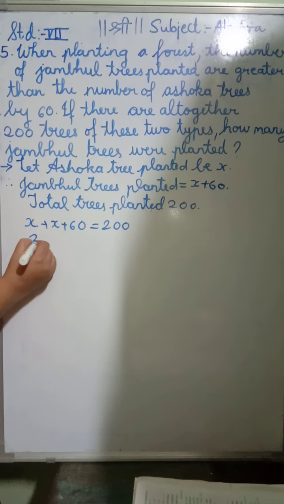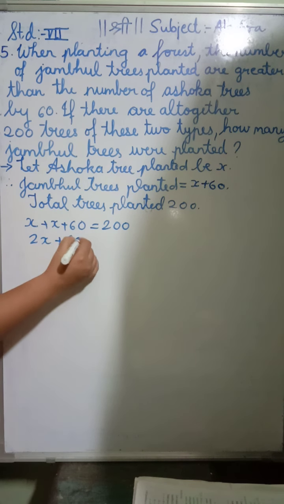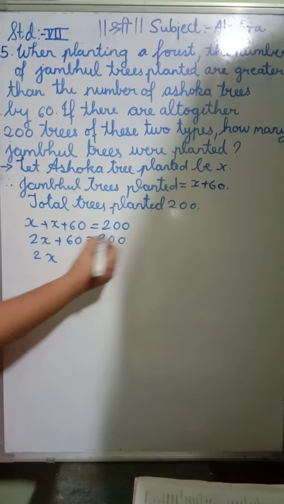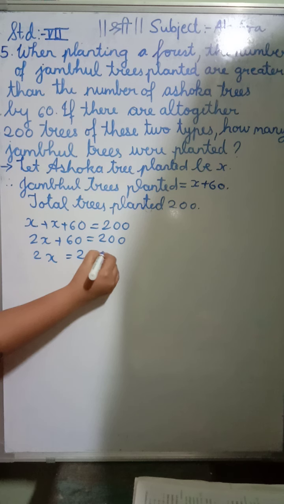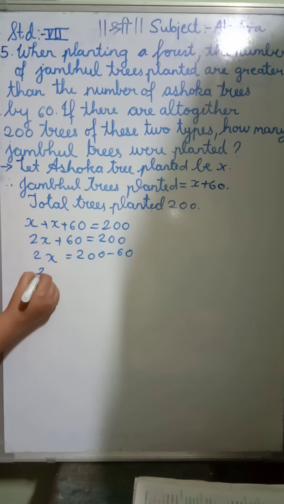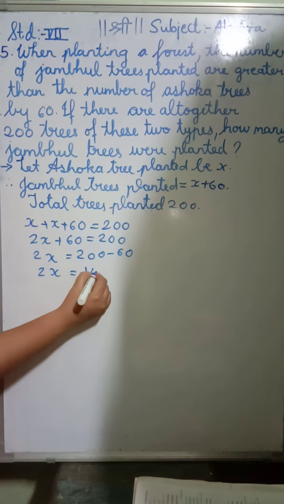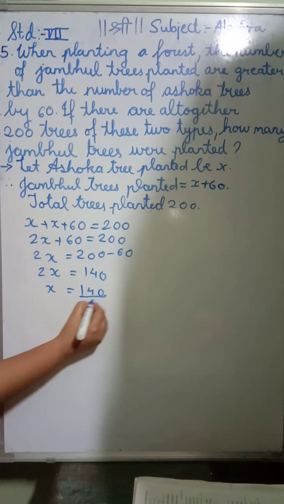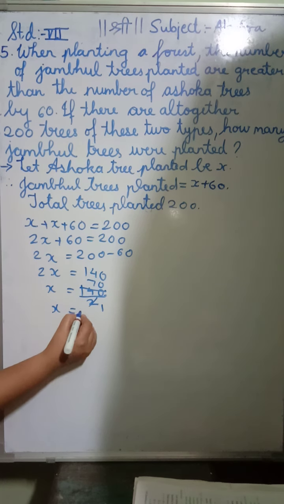X plus X, 2X plus 60 equals 200. The 60 will go to the other side, that is 200 minus 60, so 2X is equals to 140. X is equals to 140 upon 2. Therefore X is equals to 70.